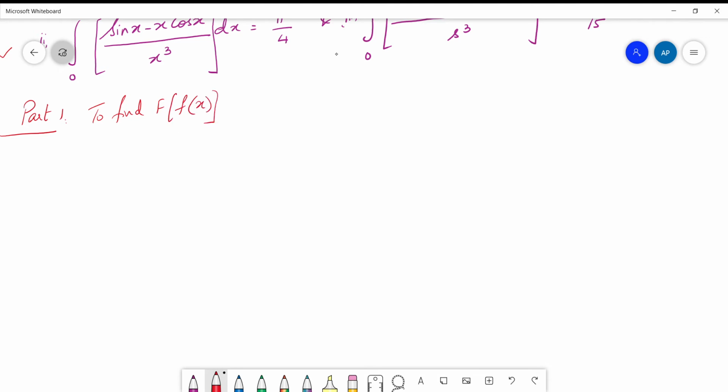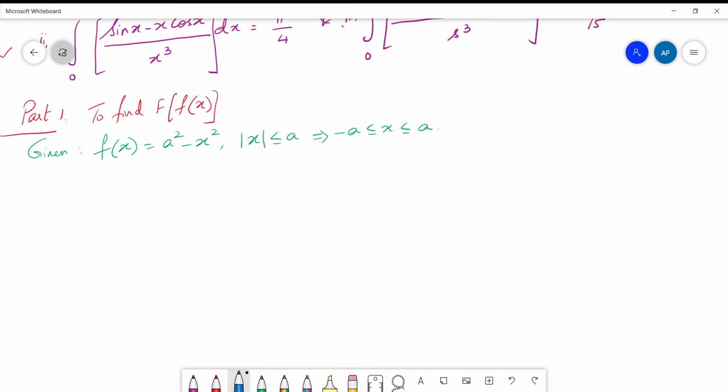Now, as we have said in our earlier problems, if you look at the given function, f of x is equal to a square minus x square in the interval mod x less than or equal to a. Now what is mod x less than or equal to a? It's minus a less than or equal to x less than or equal to a.